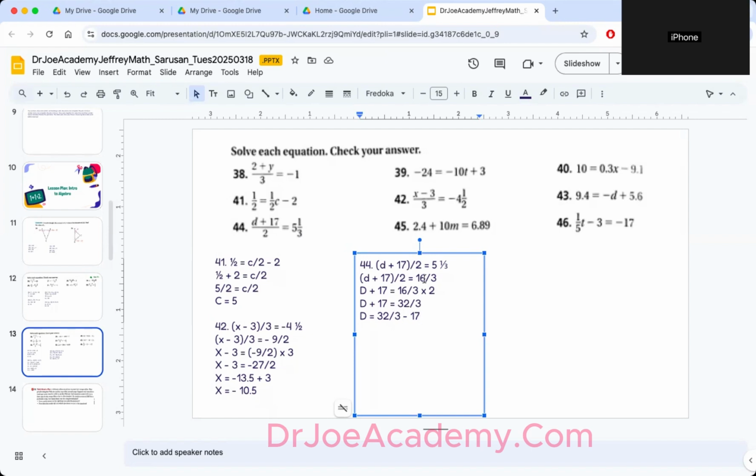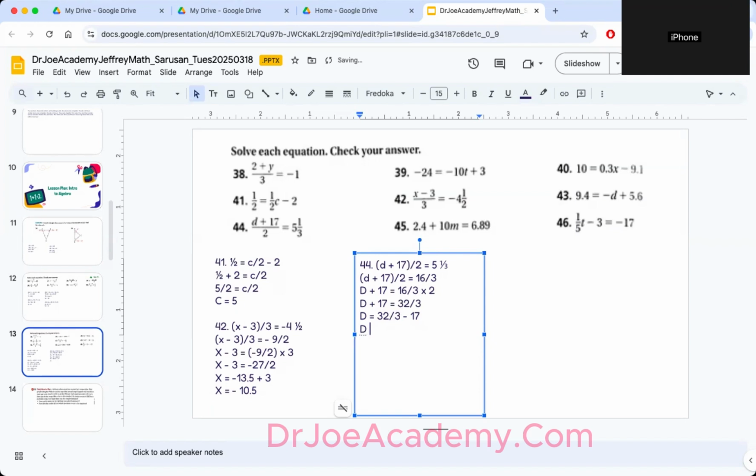Going forward, with this fraction right here, I guess we can just leave it as a fraction, or you can just punch it into your calculator. You don't really have to know the mental math for this type of question. But this is going to be really close to 11 because we know 33 divided by 3 is 11. So 32 divided by 3 is real close to it, just under it. So 11 minus 17, let's just say that.